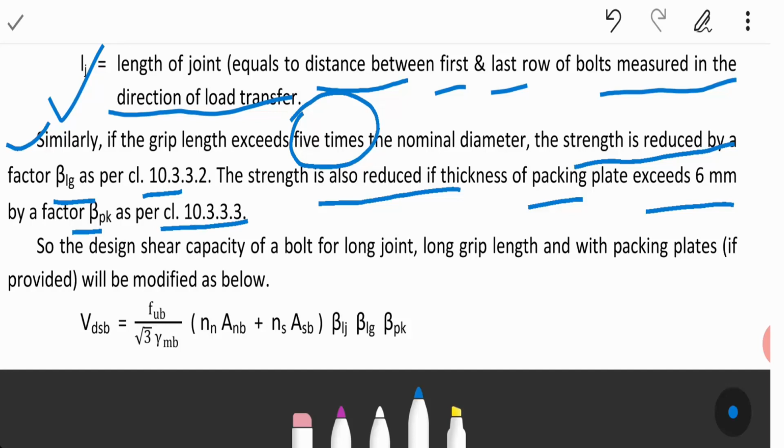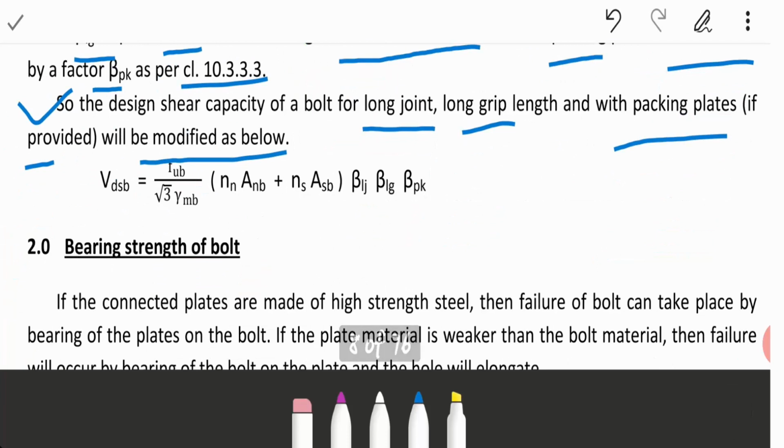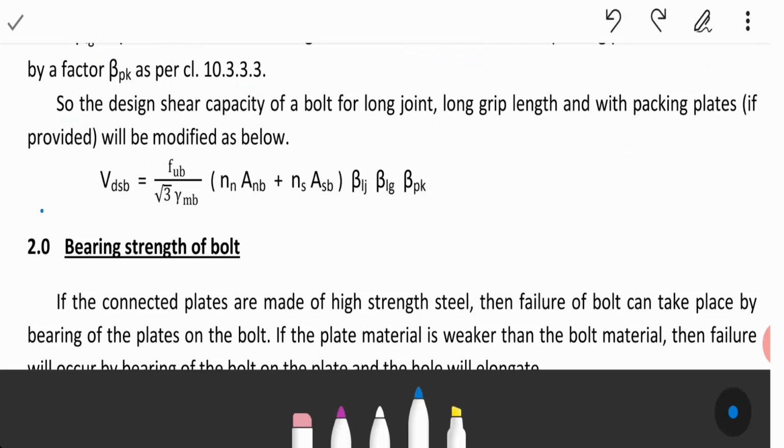So the design shear capacity of the bolt for long joint, long grip length and with packing plates, if provided, will be modified as below. So finally, Vdsb is equal to fub divided by root 3 gamma mb into (nn Anb plus ns Asb) into beta lj into beta lg into beta pk. Clear?